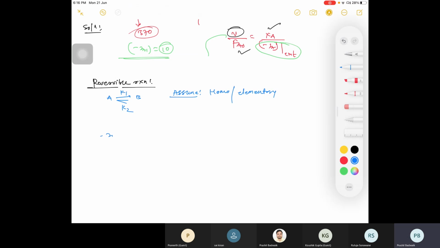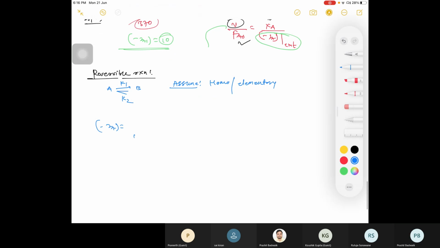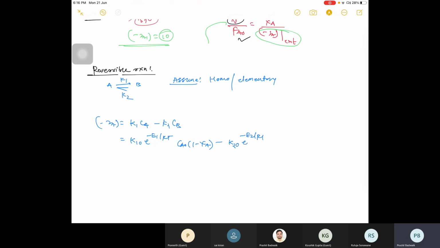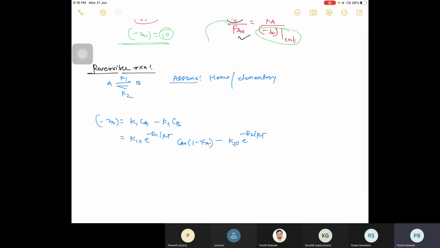So you will get the equation as minus Ra is equal to K1 Ca minus K2 into Cb. This is K1 naught e to the power minus E1 divided by RT, Ca naught into 1 minus Xa, right? And K2 means K2 naught e to the power minus E2 by RT. Then your Cb can be written as Cb naught plus Cb naught into Xb, right?